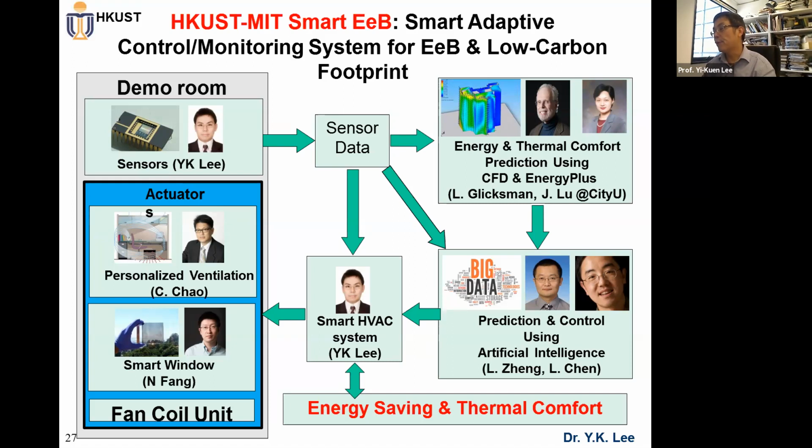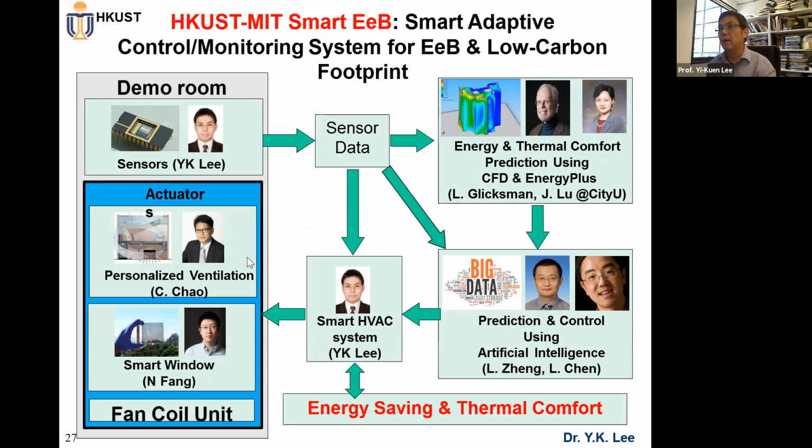So if we can really save about 10 or 20% of this kind of energy cost, that is big money, right? If you save about 10%, that is almost 4 million Hong Kong dollars. Do you understand? So this is very important.